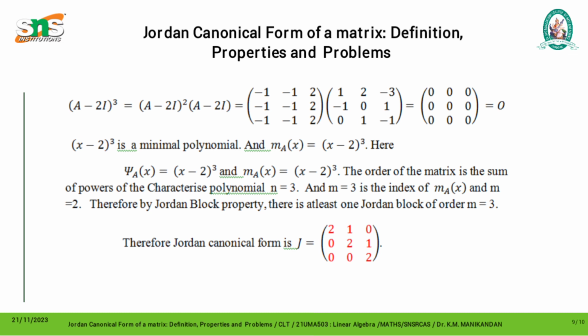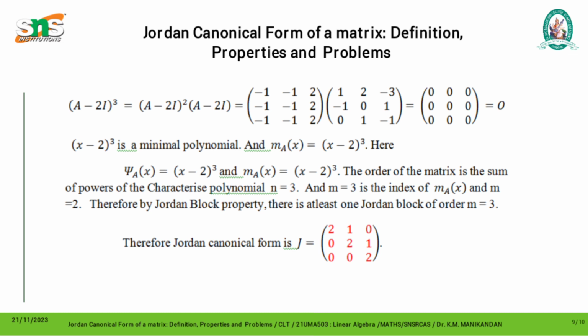This corresponds to the eigenvalue lambda equal to 2. Here the eigenvalues are all the same, and the order of the matrix is also equal to 3. So there is only one Jordan block of order 3. We have constructed one Jordan block of order 3.